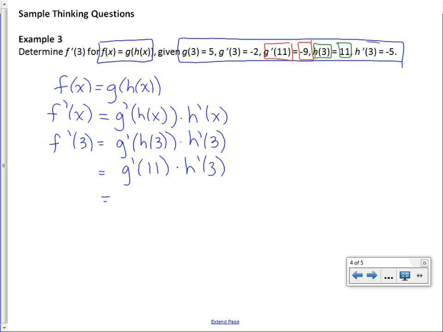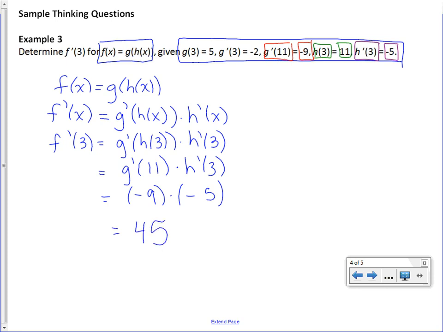H prime at 3 is -5. And I gave you those two pieces of information to trick you. Not required. Okay, so let's replace. G prime at 11 is -9. H prime at 3 is -5. You just answered this question.